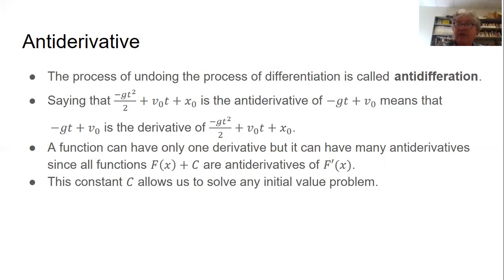And that c turns out to be important because it allows us to solve the initial value problem, right? So given the derivative plus a starting point, which is like knowing the speed for all time and where you start from, you can figure out where the object is.